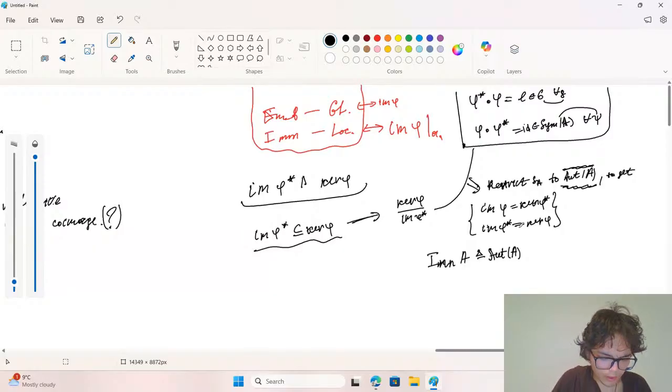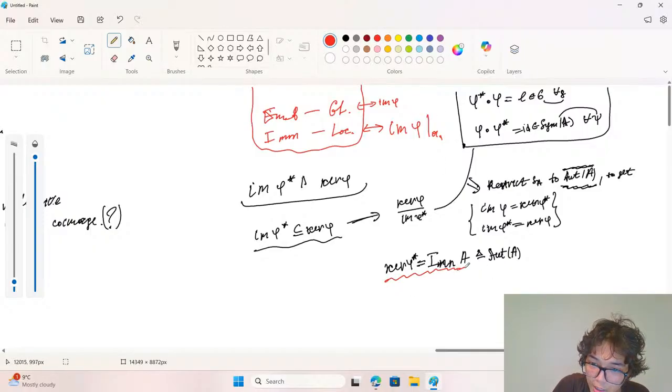It will be the kernel of phi prime, and it will be very natural that the kernel equals this, since the kernel is a normal subgroup of the group.